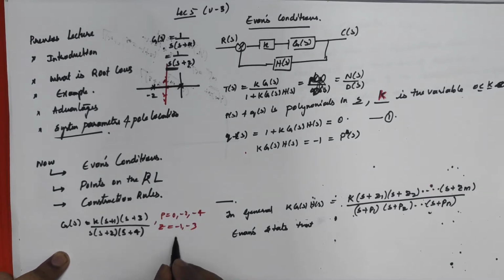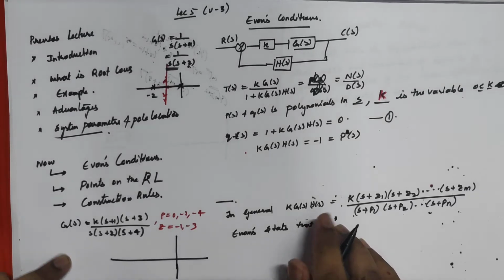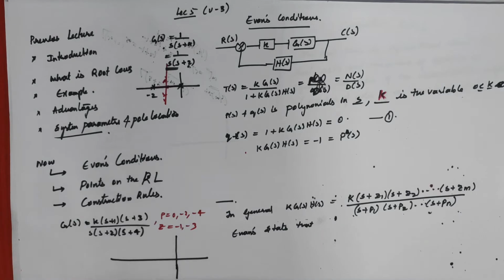So in this plane I am having poles at 0, at minus 2, and at minus 4, and zeros at minus 1 and at minus 3.